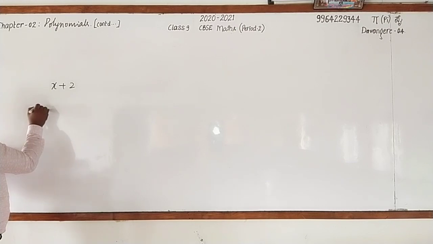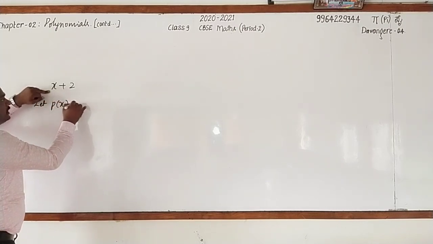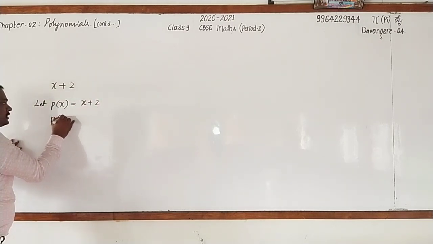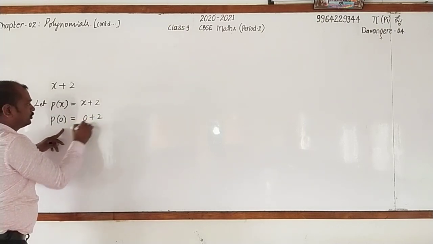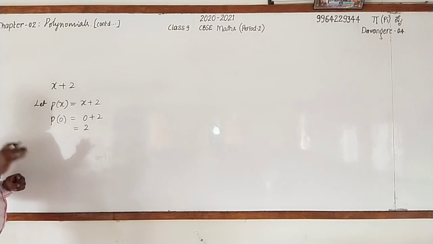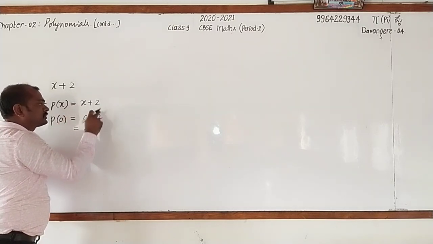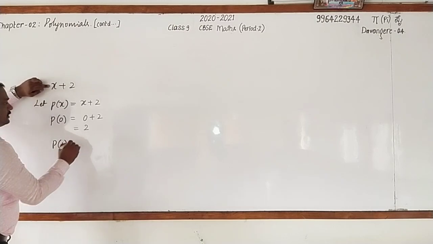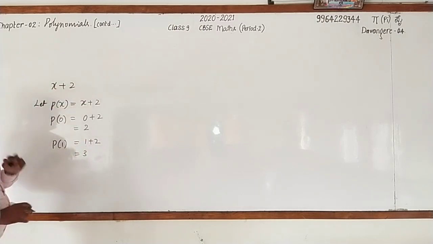Let's see that. I call this polynomial in x, p of x, which is equal to x plus 2. If I take 0 in place of x, it becomes 0 plus 2, which is equal to 2, right? Then I take 1 in place of x, then it is 1 plus 2, this is 3.